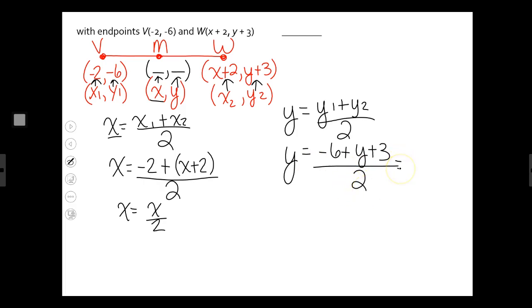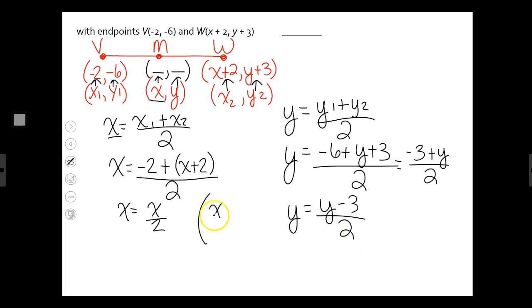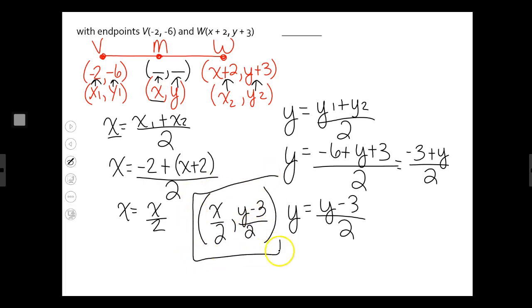Negative 6 plus 3 is negative 3, plus y over 2. And that is my answer. y equals y minus 3 over 2. So, x over 2, y minus 3 over 2. Yes, it looks a little odd, but that is correct. That would be your answer.